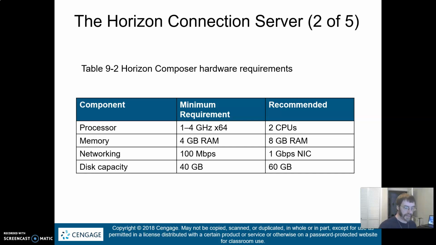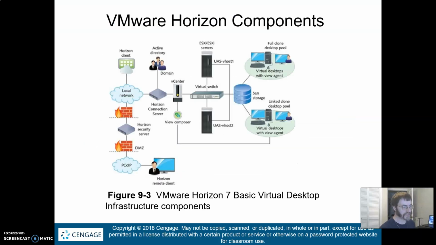So now there's a couple different types of servers, and we've actually kind of mentioned this already. We've got our connection server, and we've also got our security server. There's a couple different kinds of connection server types. One of these is called the standard server. One of these is the replica server.